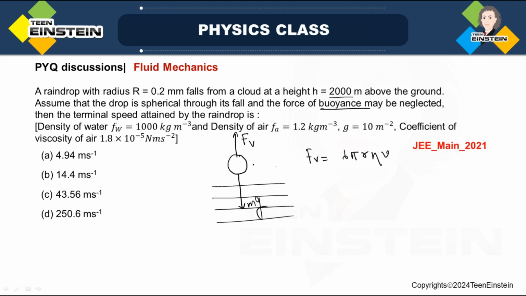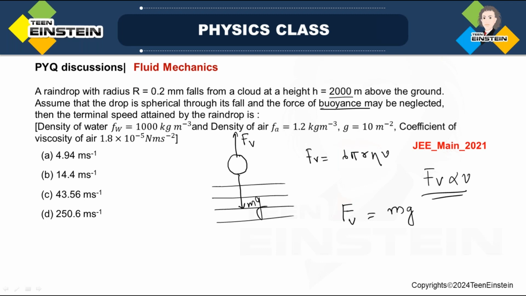Hence the viscous force also will be increasing, because you know viscous force is always proportional to the speed. And at some point of time the speed will be such that the viscous force and the weight of the drop will be exactly equal. That means the drop will have no net force at that particular situation.